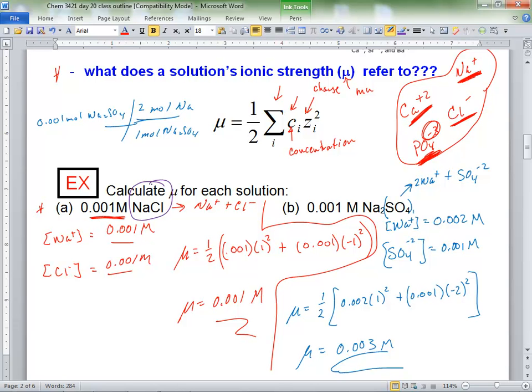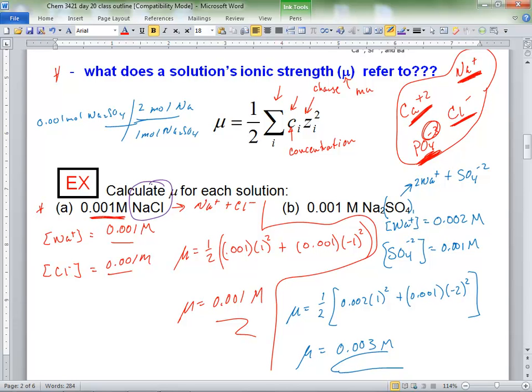The 1-to-1 is only about the charge, not about the number of... I think it has to be +1 and -1. Otherwise, because you're squaring those 2's and then dividing by 2, you end up multiplying it by 2, so you're not going to get the same answer. So you have to have 1s for subscripts.